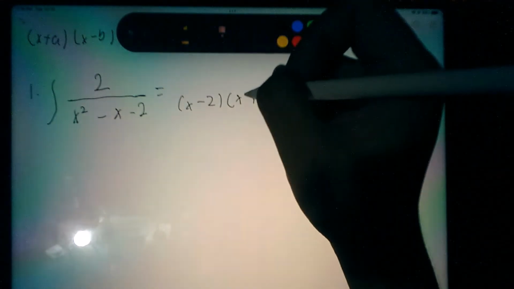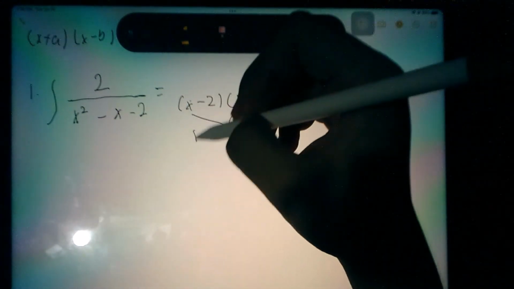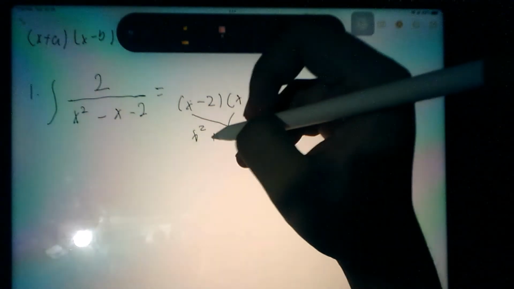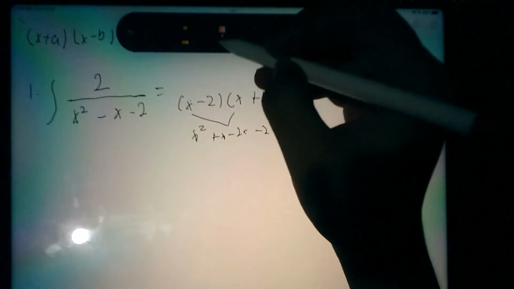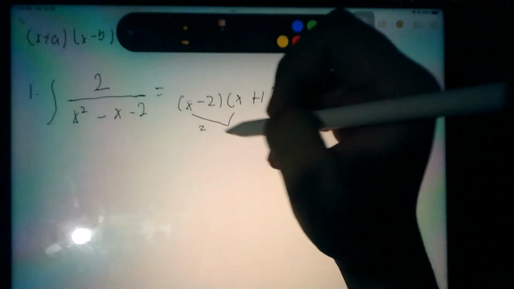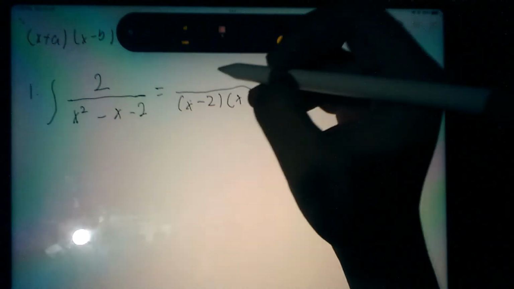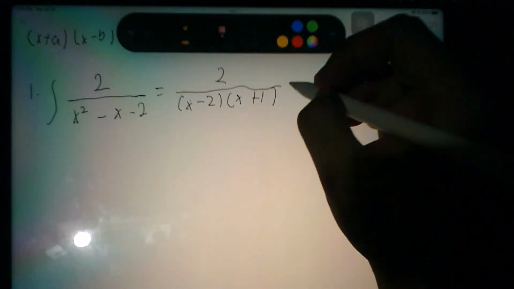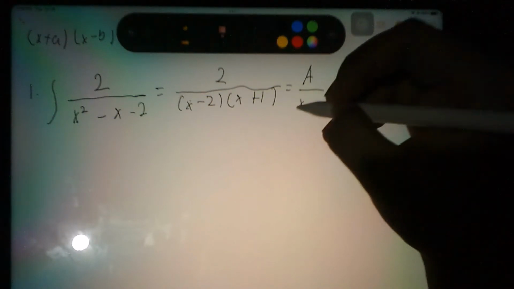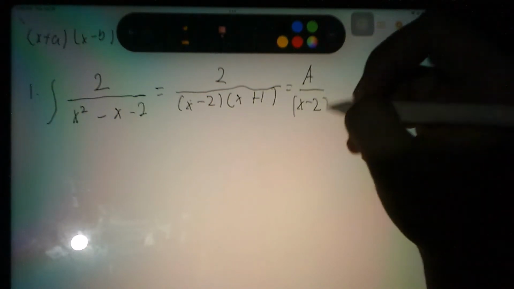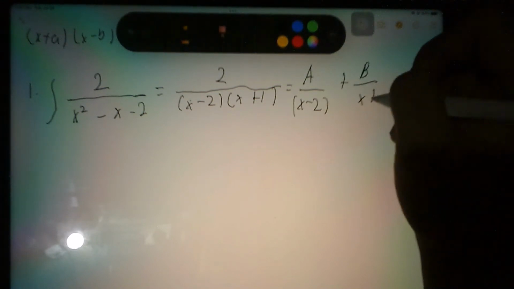So this is x squared plus x minus 2x minus 2. So this is our new equation over 2. This will become a over x minus 2 plus b over x plus 1.